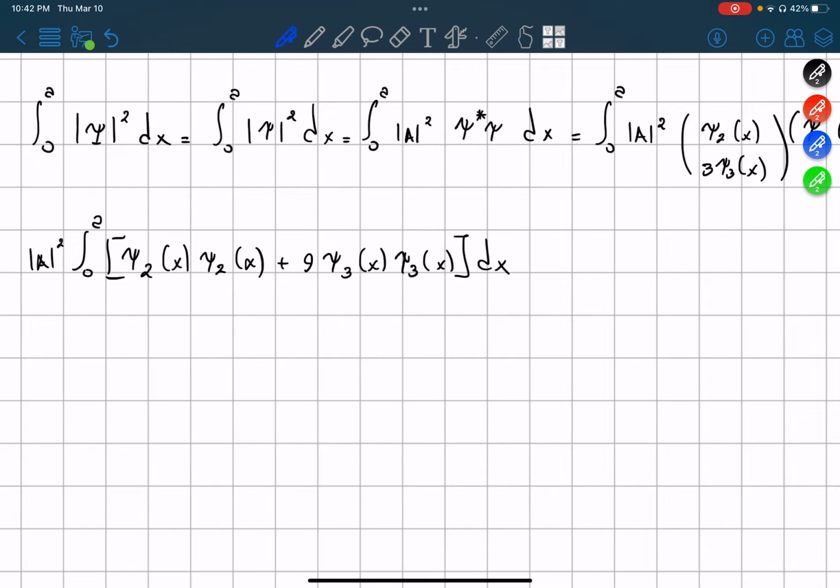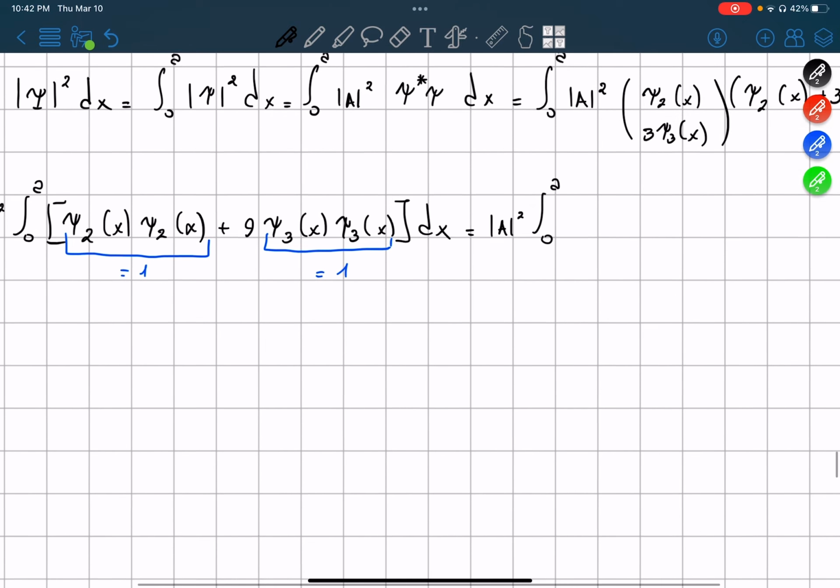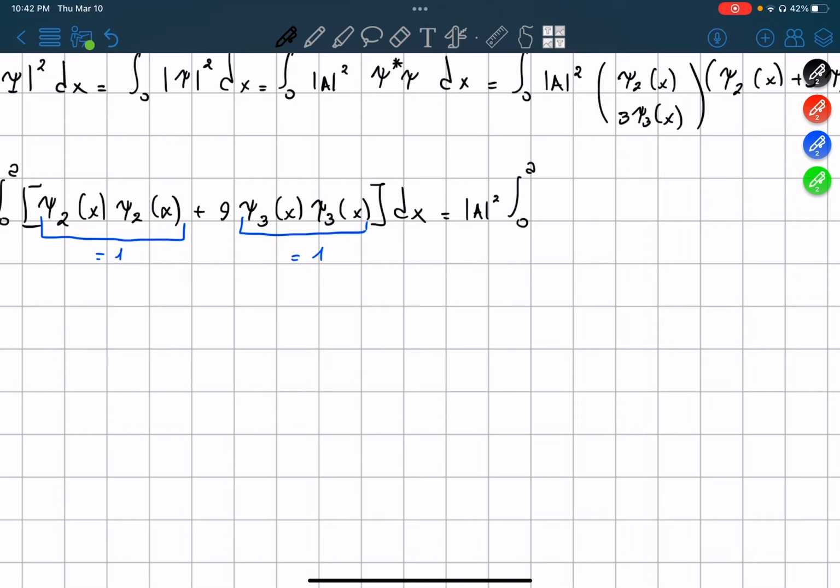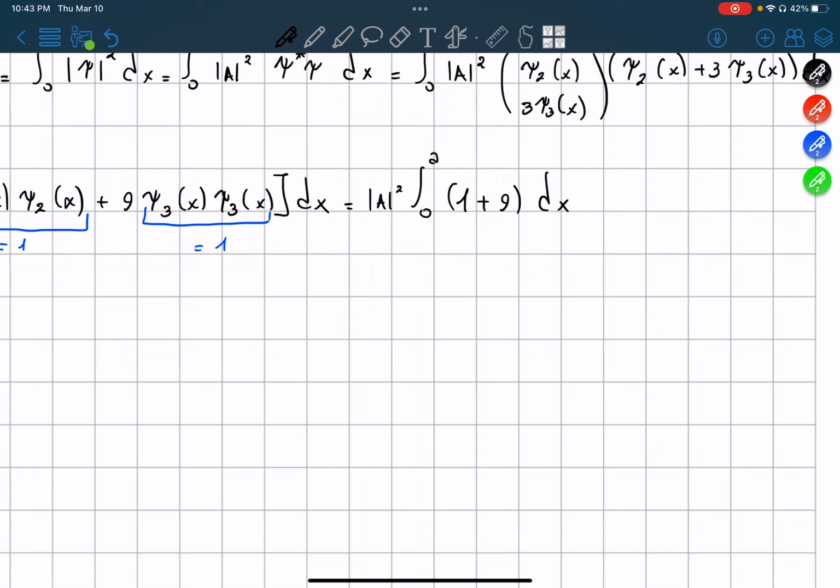And I know that this part over here is going to be equal to 1, and this part over here is also going to be equal to 1. So here I have a squared and the integral from 0 to a of 1 plus 9 dx, which has to be equal to 1, of course.